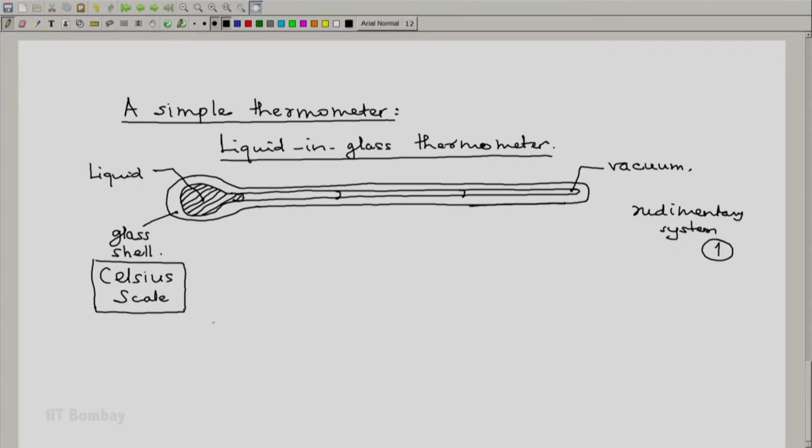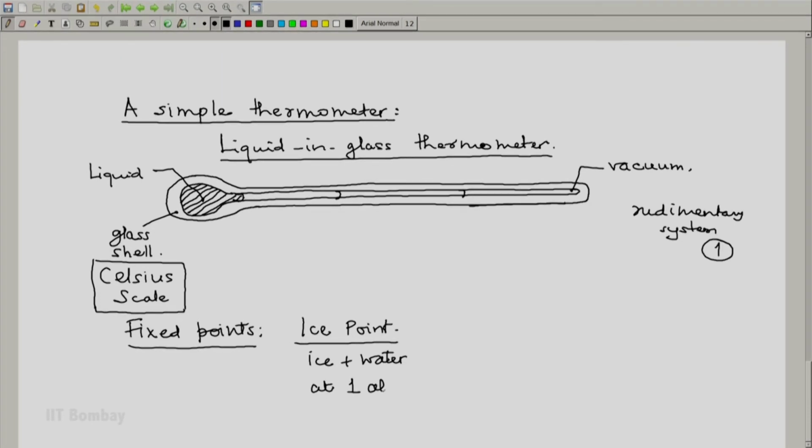What is done is we decide on two reference points which are known as fixed points. One is the ice point, in which we have a system of ice and water at 1 atmospheric pressure, a system containing ice and water in equilibrium. This is known as the standard ice point.